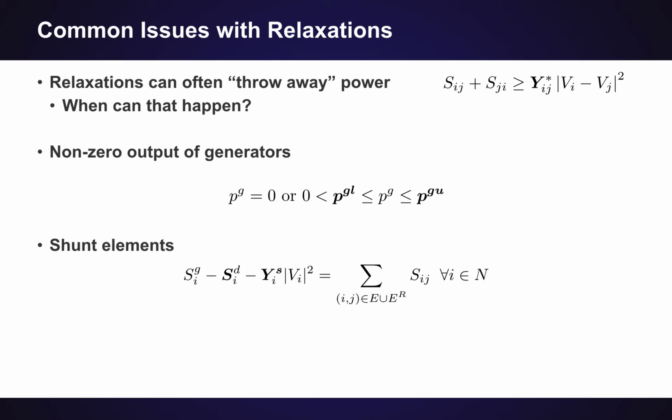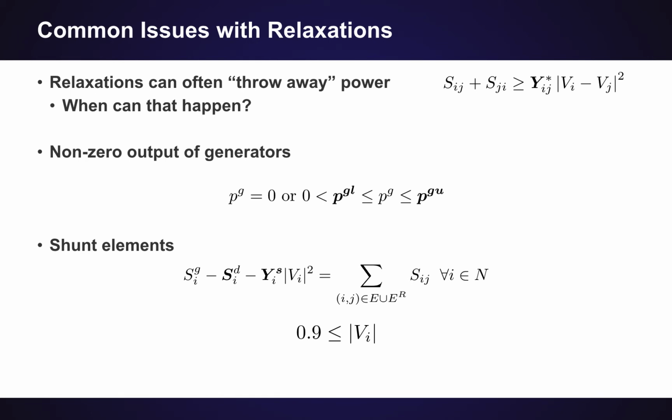Another example which can be quite interesting is when you have shunt elements in your network. These are an example where you could have an injection into the network that you're not controlling. Normally we control the injection through the generator variables, but these shunts have an injection based on the voltage.